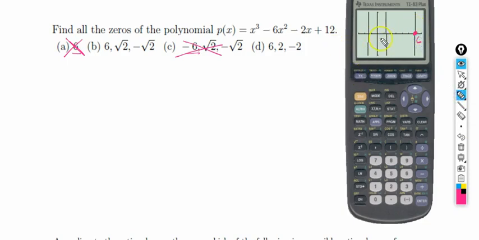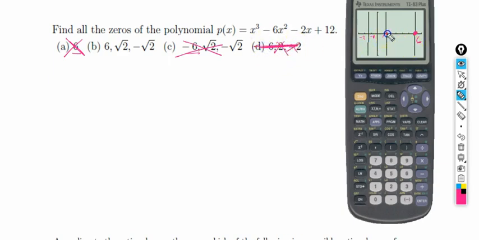But now let's look at the grid. There's 1 and there's 2. And this is going through something between 1 and 2. There's negative 1 and there's negative 2. And this is going between negative 1 and negative 2. So I do not have an x-intercept at 2, nor do I have one at negative 2, because it has those grid points there.